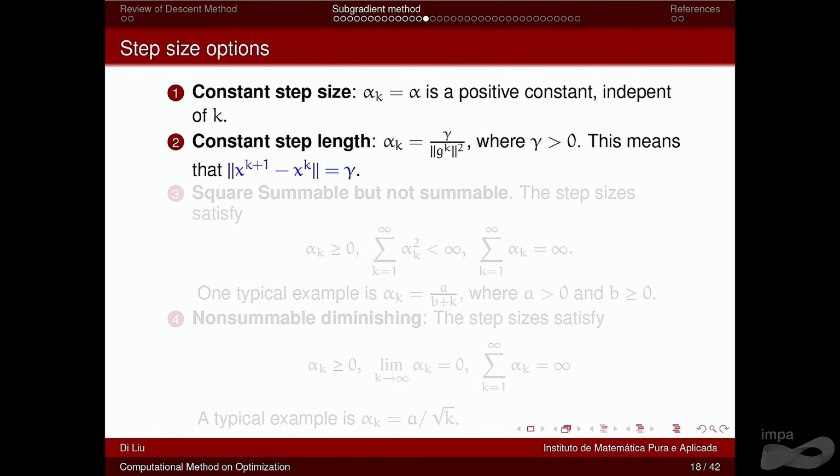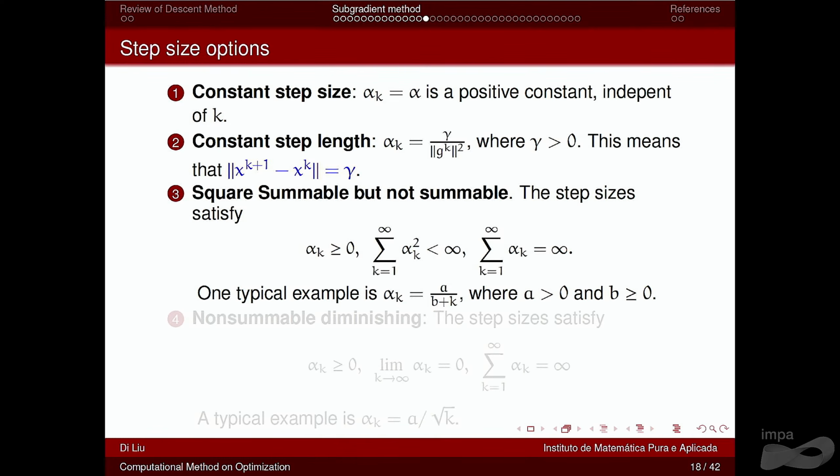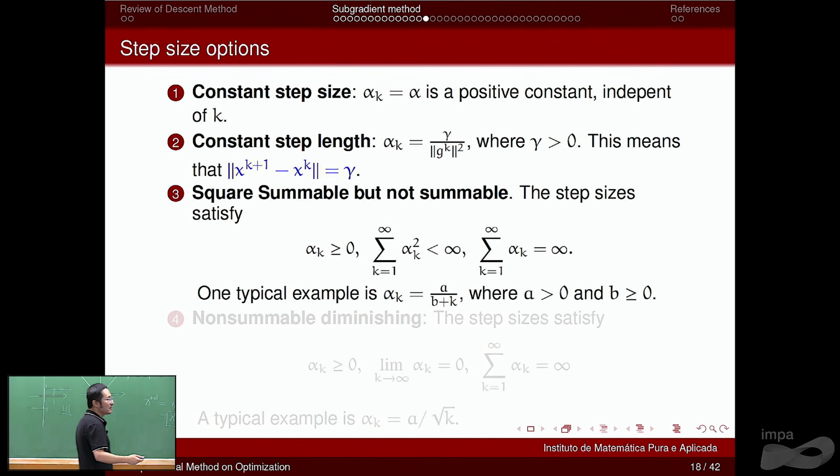The next one is called square summable but non-summable, which is very easy to understand. Of course, you need a non-negative step size, but the square of alpha k is summable, while alpha k is not summable. This is very important.